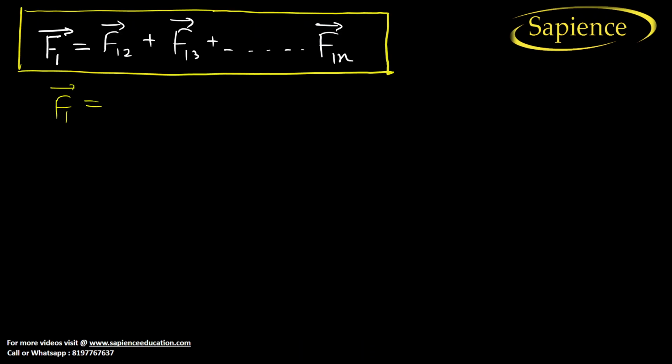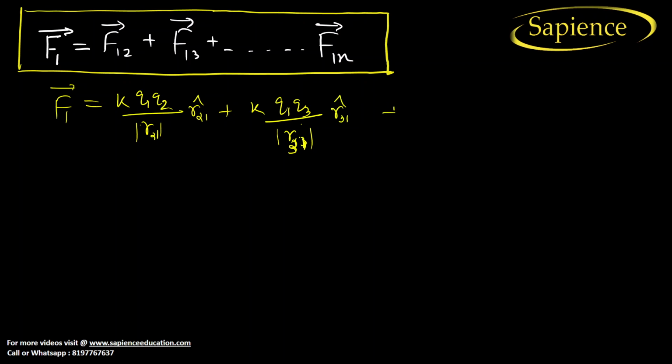F12 is k q1 q2 by magnitude of r21 squared into r21 cap, plus k q1 q3 by r31 magnitude squared into r31 cap, plus k into q1 into qn by rn1 magnitude squared into rn1 cap.